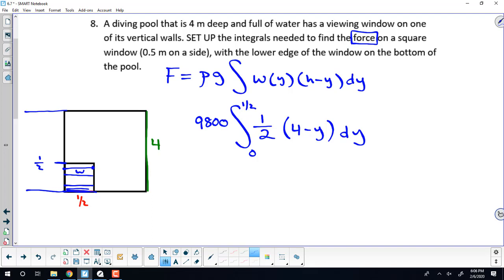Why is gravity in this equation again, the force of gravity? Sorry, say that? Why is the force of gravity in this equation? Remember, force was mass times distance, right?